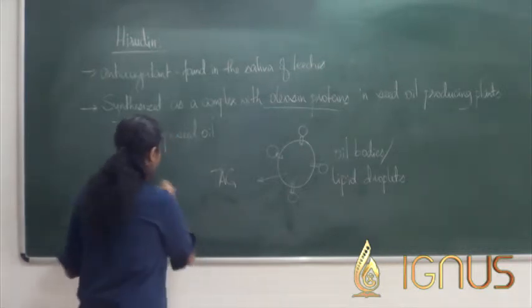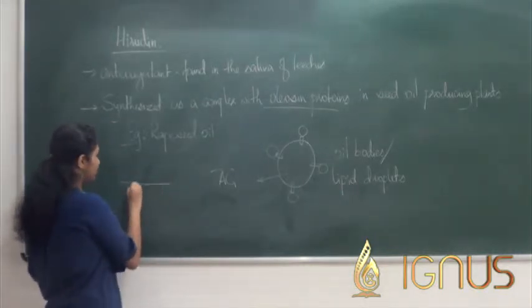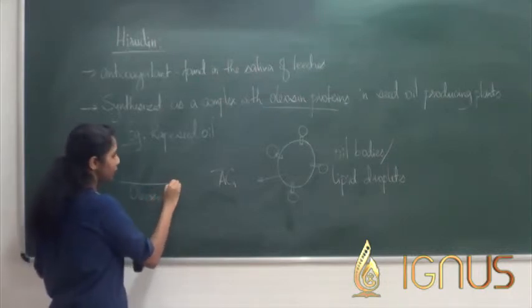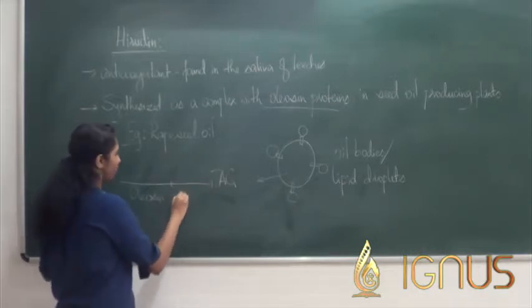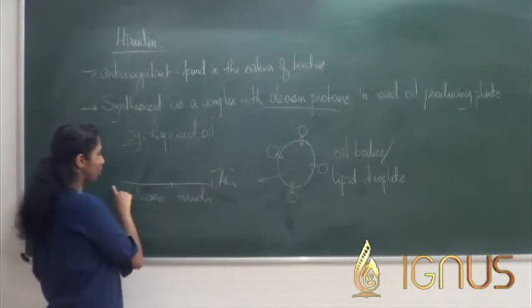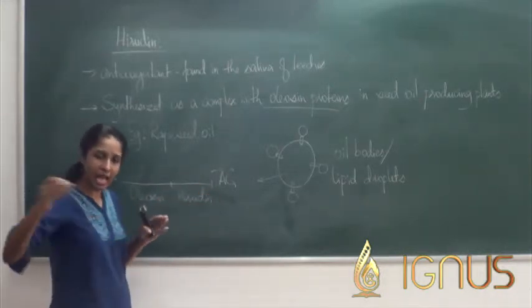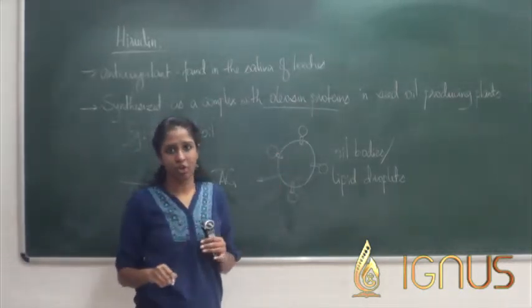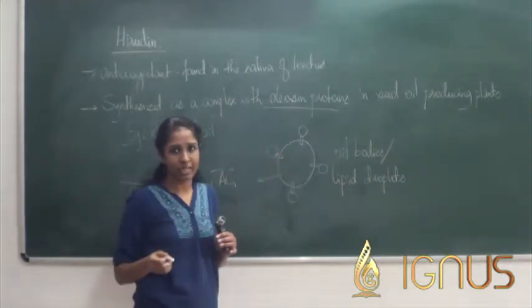So you would have the polypeptide which is going to give rise to the oleosin, and attached to it will be the polypeptide which is going to give rise to the hirudin molecule. So whenever oleosin is expressed, at the same time hirudin is also expressed as a chain. So because oleosin is a structural component in case of lipid droplets, the hirudin molecule is also attached to it.